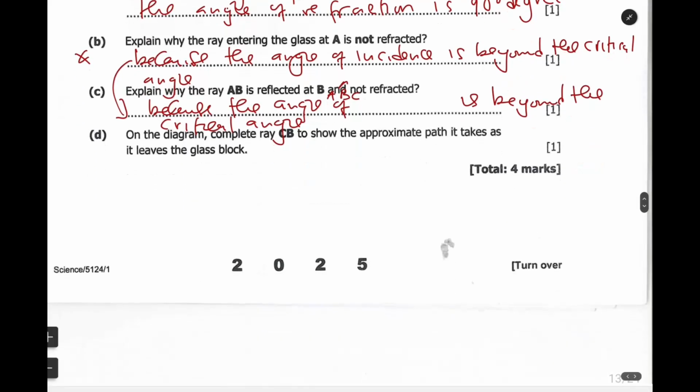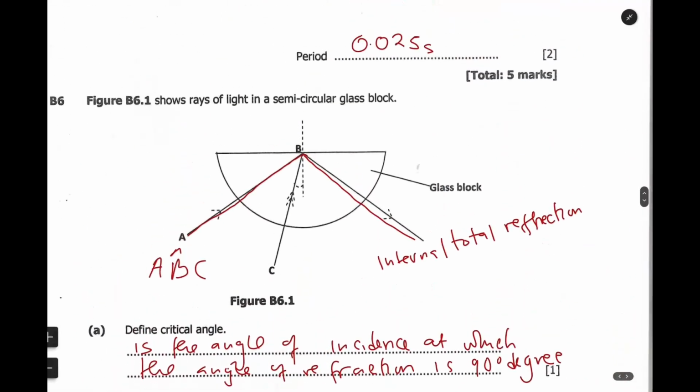Then D, on the diagram, complete ray CB to show the approximate path it takes as it leaves the glass. So they are saying on the diagram, we approximate how CB will come out.